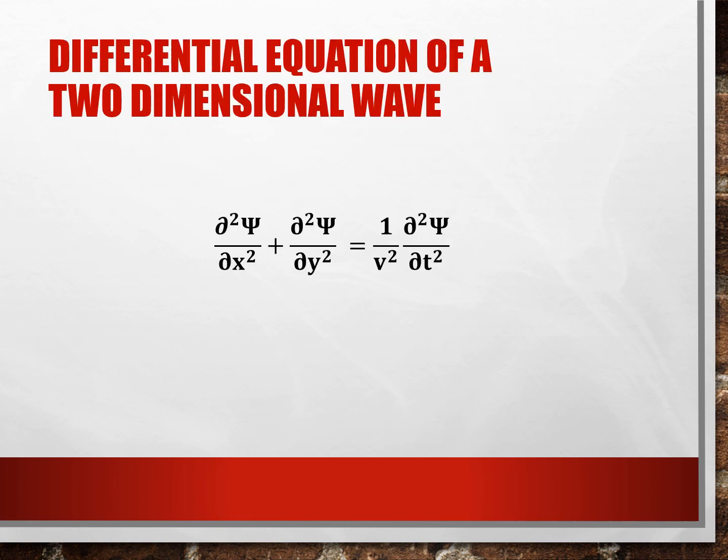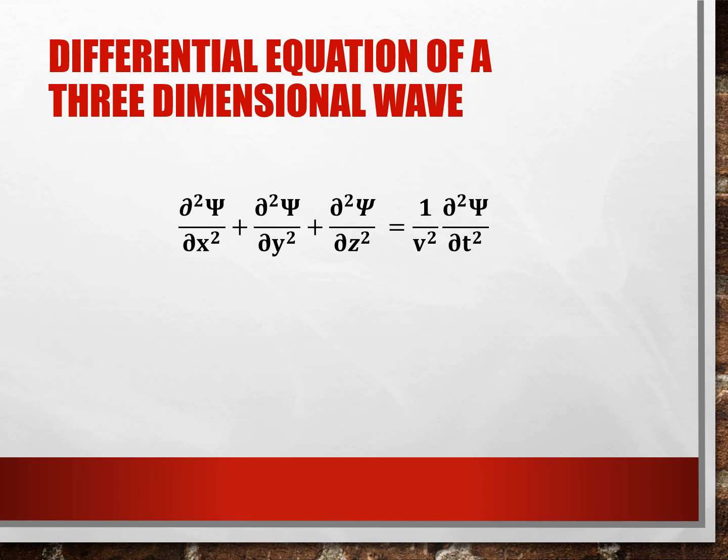For a two-dimensional wave, we have to add a term on the left-hand side showing the variation of psi in the y direction also. So, the differential equation of a two-dimensional wave becomes ∂²ψ/∂x² + ∂²ψ/∂y² = (1/v²) ∂²ψ/∂t².